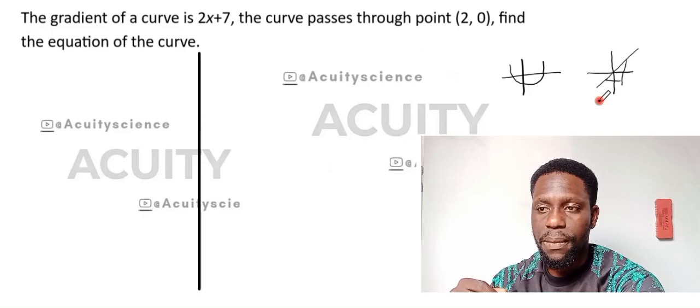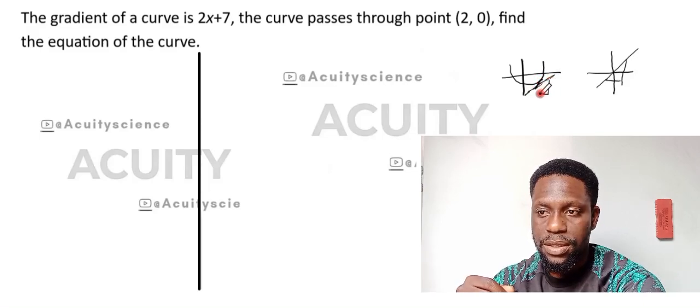But for curves, the gradients keep changing. If you want to get the gradient at this point, you need to draw a straight line that would just touch that point slightly. Make sure that it's just touching the point before you calculate.